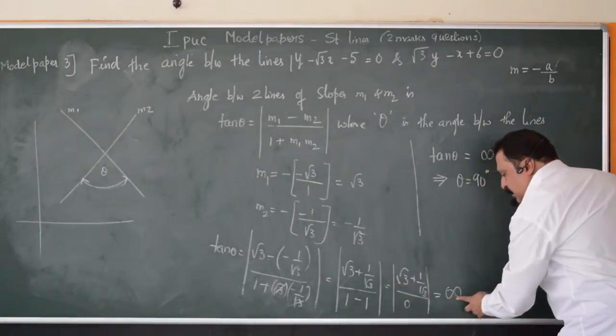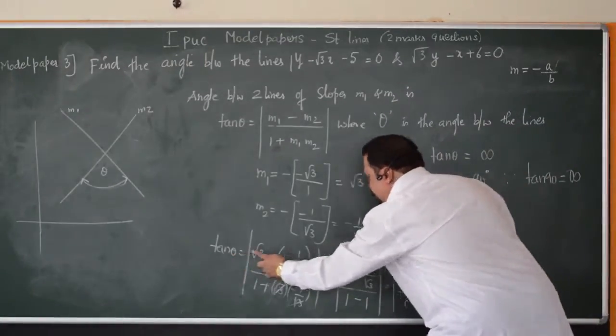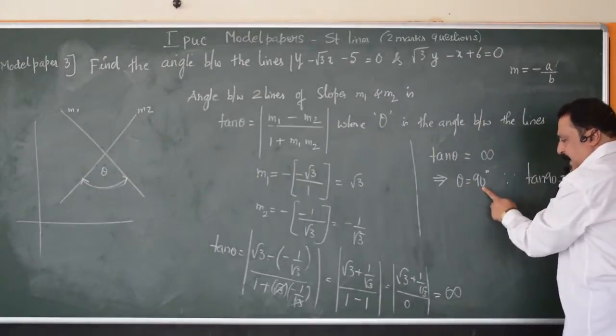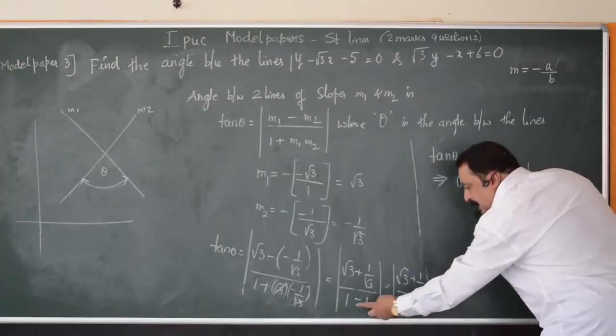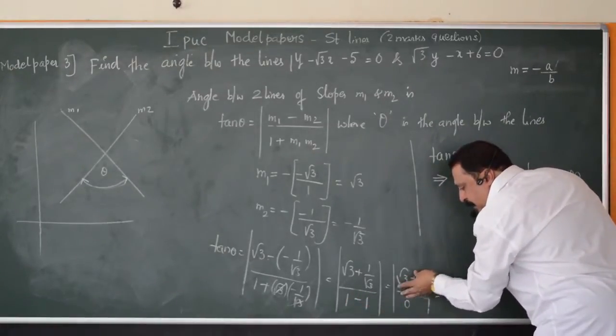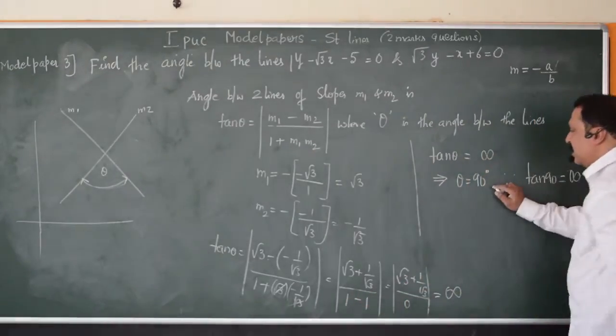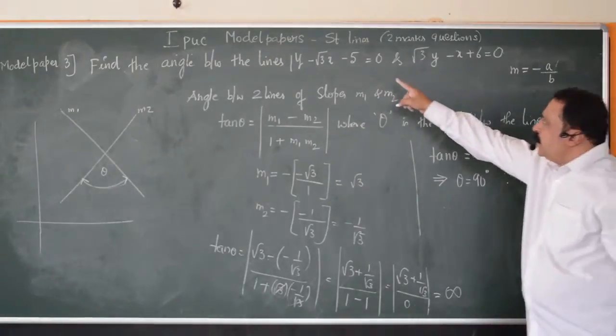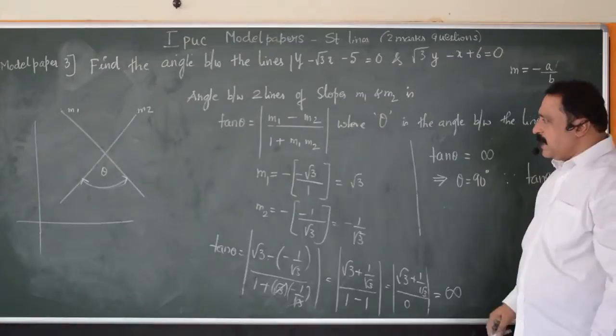Anything divided by 0 is infinity. So we are getting tan theta equal to infinity, which implies theta is equal to 90 degrees. I said 0 in the denominator. Anything upon 0 is infinity. So theta is 90 degrees. Therefore, the angle between the two given lines is 90 degrees.